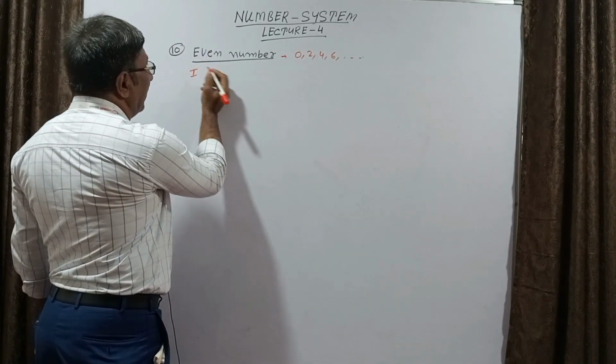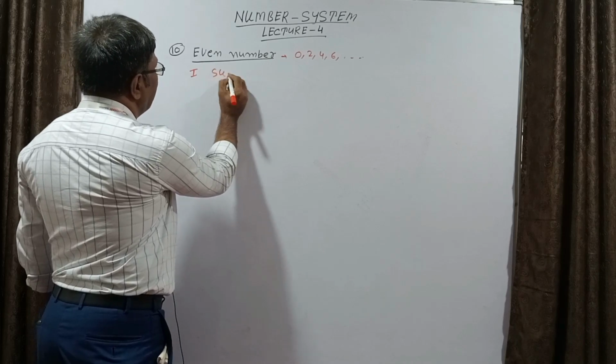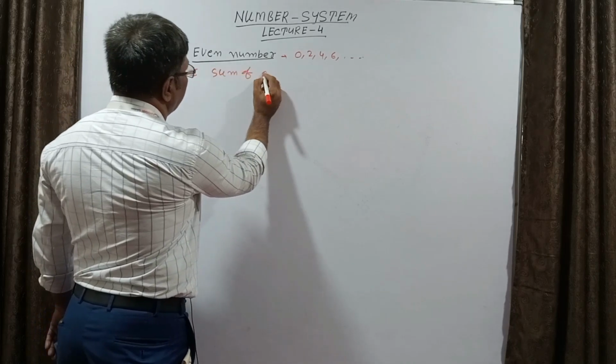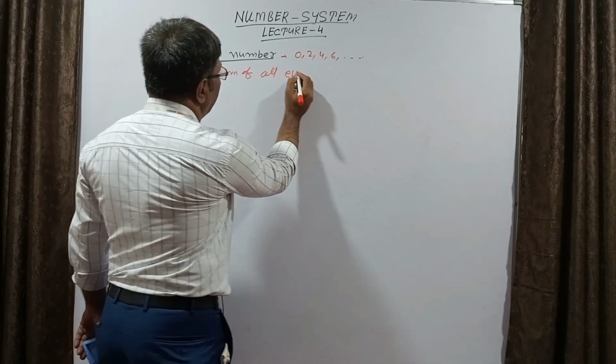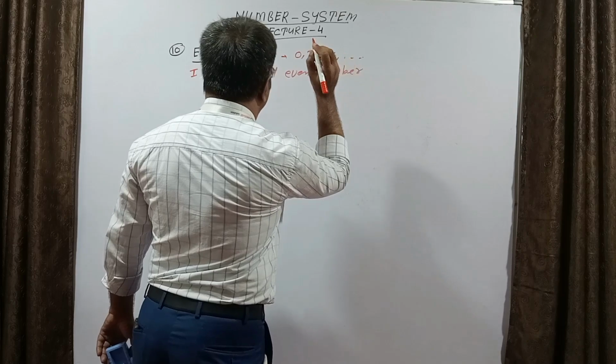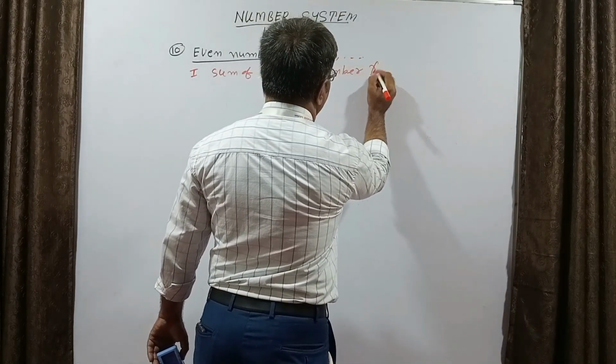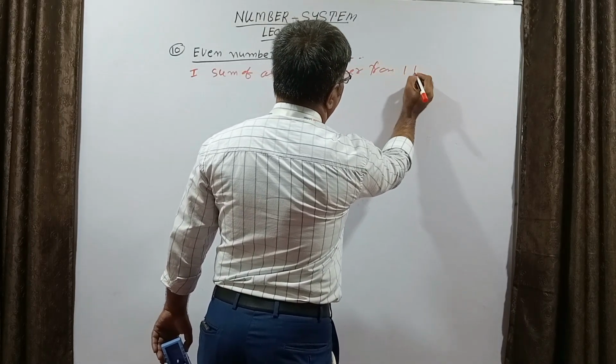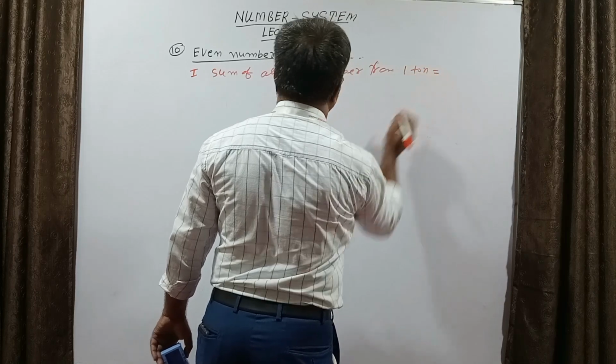So this is the first point, that is sum of all even number from 1 to n. Okay.